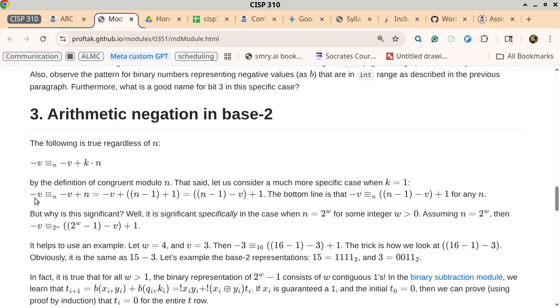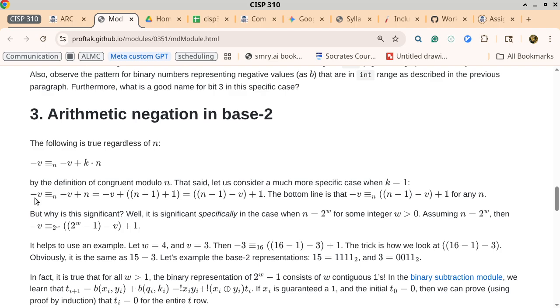So can I say this has to be true? Negative v is congruent modulo n with negative v plus n. Can we establish that congruency? What is the definition of congruent? If they're only off by, okay, look at the left-hand side.